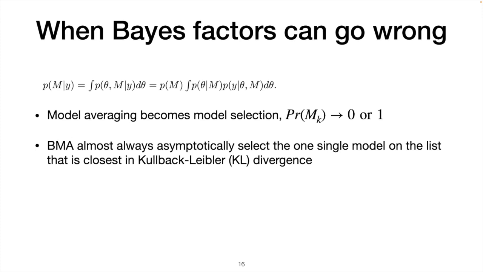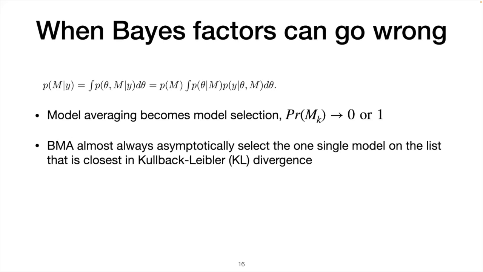And if we are using Bayes factor in the model averaging context, in Bayesian model averaging, then model averaging essentially becomes model selection, because of the marginal likelihood. If the models are separable such that they don't overlap, then one of the models would essentially have weight 1 and all the other models would have weight 0.